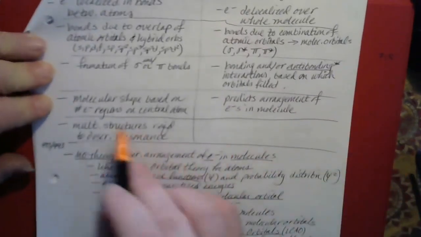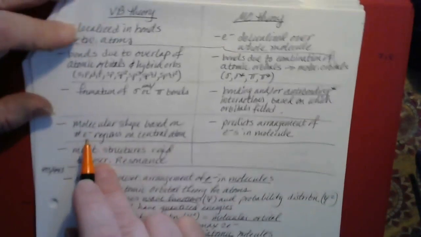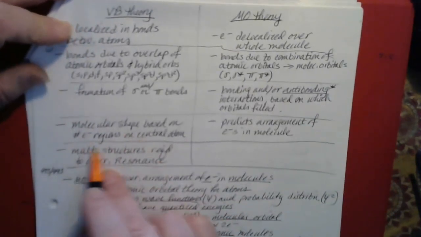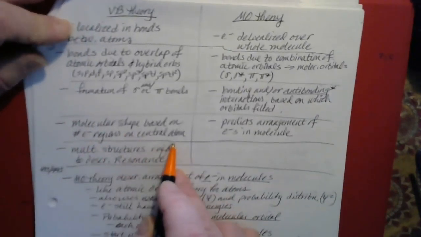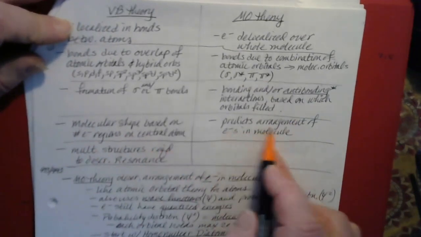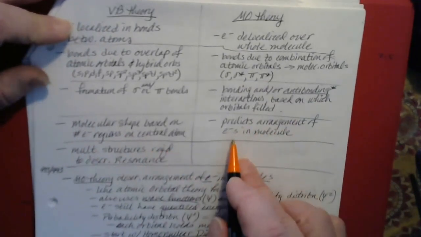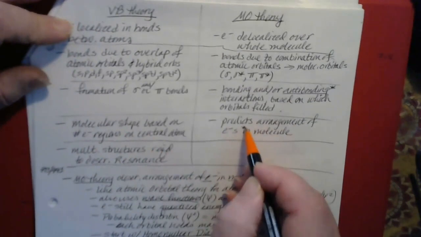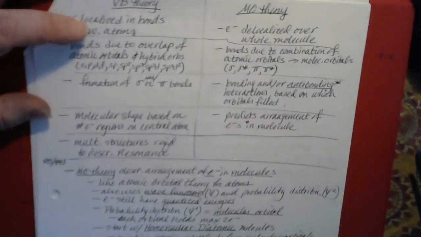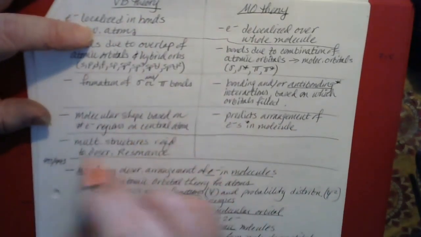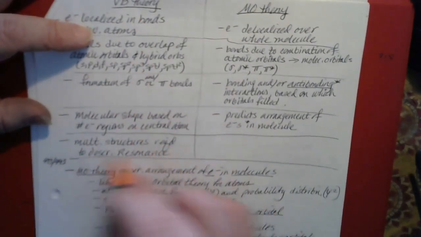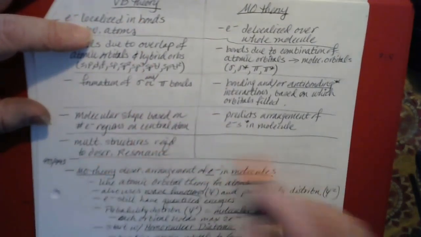As a little bit of a preview. In valence bond theory, the molecular shape is based on the number of electron regions around the central atom. Molecular orbital theory, on the other hand, predicts the arrangement of electrons in the molecule. And in valence bond theory, you need multiple structures in order to describe resonance, whereas in the molecular orbital theory, one will do.